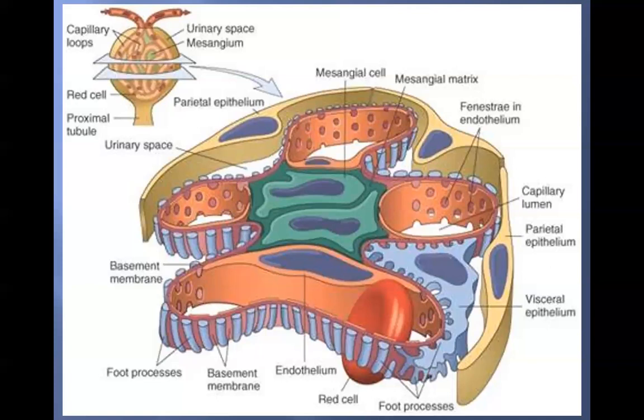The parietal epithelium, when it proliferates, forms a crescent. So crescentic glomerulonephritis or rapidly progressive glomerulonephritis appears when parietal epithelium starts proliferating. It proliferates and starts squeezing the whole glomerulus. The crescent formation only develops when there is proliferation of parietal epithelium.